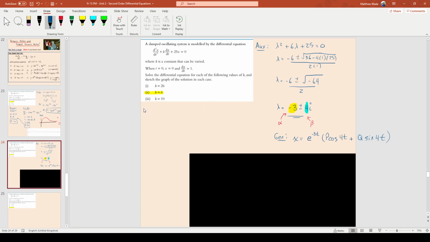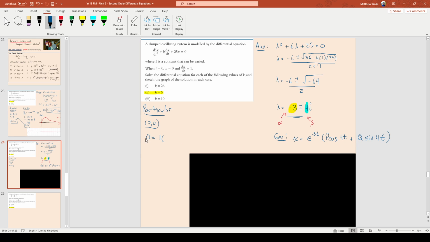On to the particular. Now if we want the particular solution, we just have to pop our values in. So let's do 0, 0 first. If we do 0, 0, then we're going to get 0 equals, that's just going to be gone, that's going to be 1, open bracket.